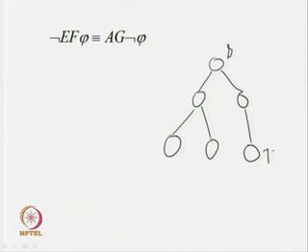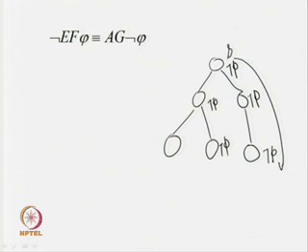So, if I am going to say that not of phi is true in those particular states, that means, in this path not of phi is true, in this path not of phi is true. But if I am going to say that phi is true over here, then what will happen? We are going to get there exists a path in future phi is true in this particular case.